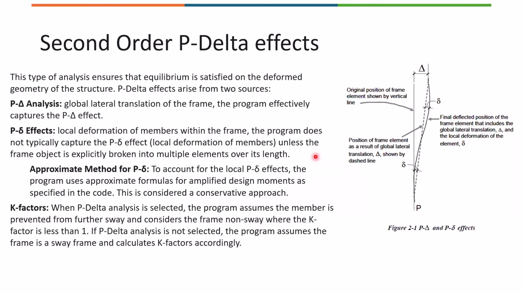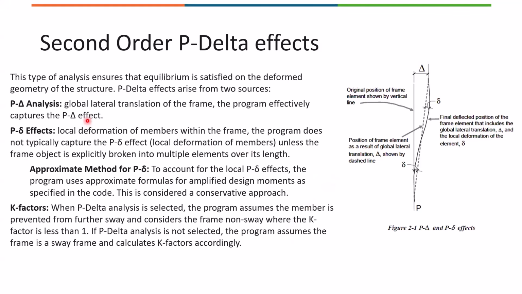So we have the P delta effect, which the program is capable of capturing either through the analysis or through the approximate method given in the code. So we have both the global lateral translation, P capital delta, and then the member buckling, P small delta effects, right?